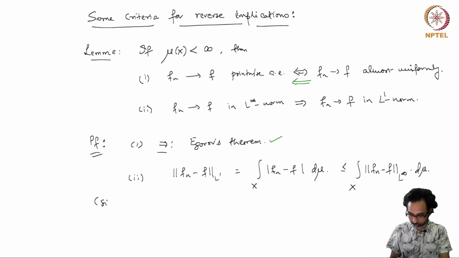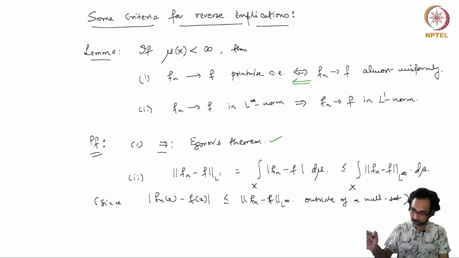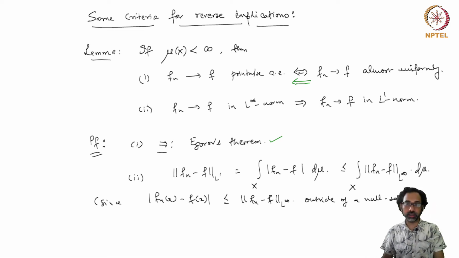This is because mod Fn x minus F x is less than or equal to the L infinity norm outside of a null set. Since the integral does not see the null set, we have this inequality.